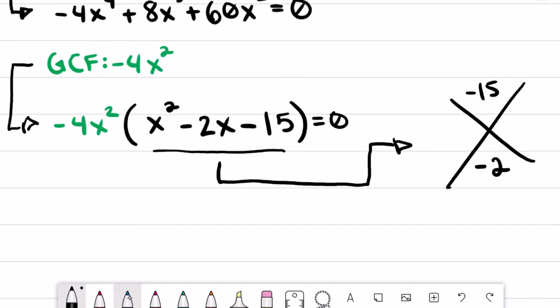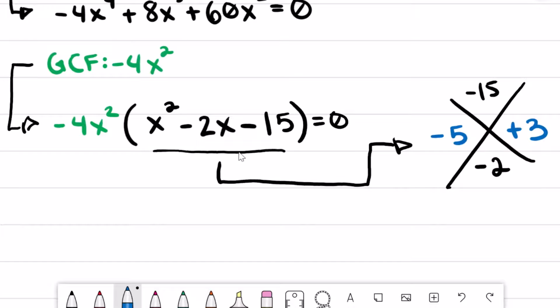Just in the interest of keeping the video short, I know that my two factors are going to be -5 and +3. So it's always good to do the test: -5 times +3 will give me -15, and -5 plus 3 will yield me -2. So I have my two factors.